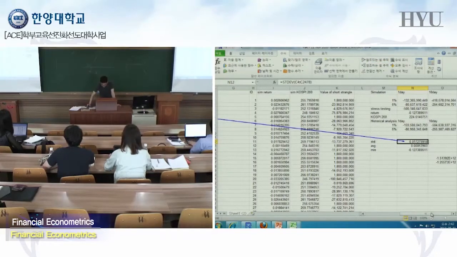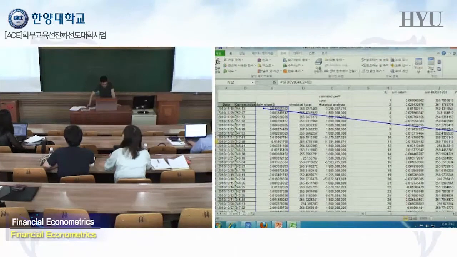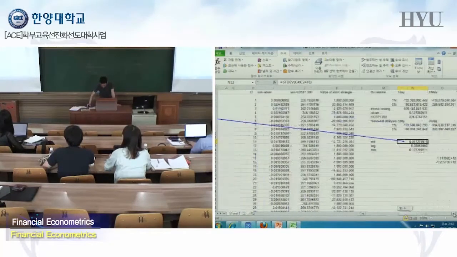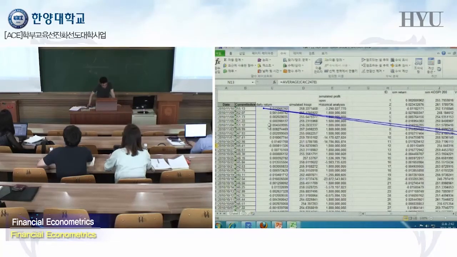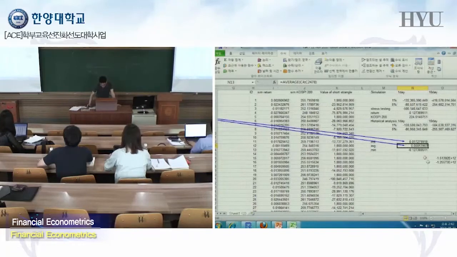So first we can get the standard deviation of all the past returns. Second, we can calculate the average of the past 10-year daily return. And then the minimum is not important.